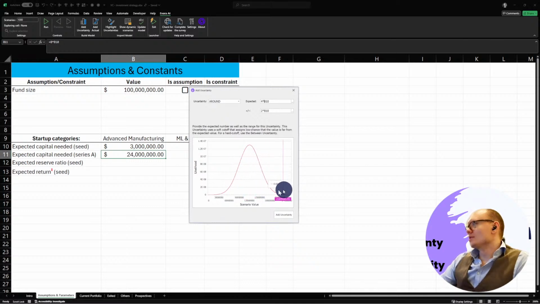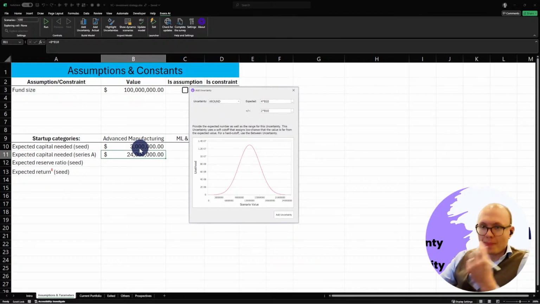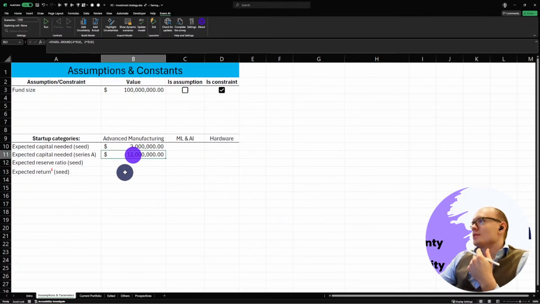So you can see that looks like this, assuming that B10 is just 3 million, of course. But this is essentially all we would need to do with this. We can add that as well. So we can see, okay, next time they raise money, we expect that to be about $12 billion.